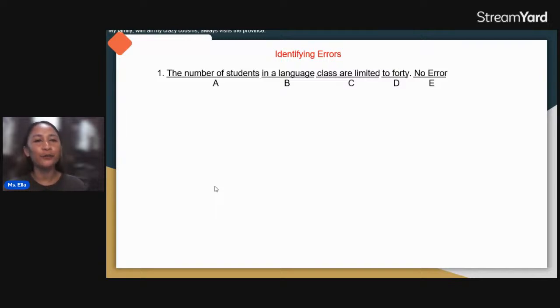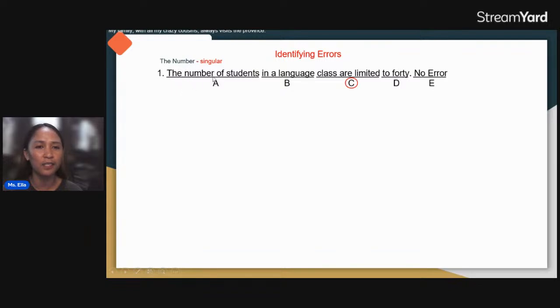Okay, so for number one, the correct answer is letter C. Why letter C? Our subject is the number, right? The number here is our subject, and the number is singular. No matter what the next noun is, students or student, we must focus on the number.